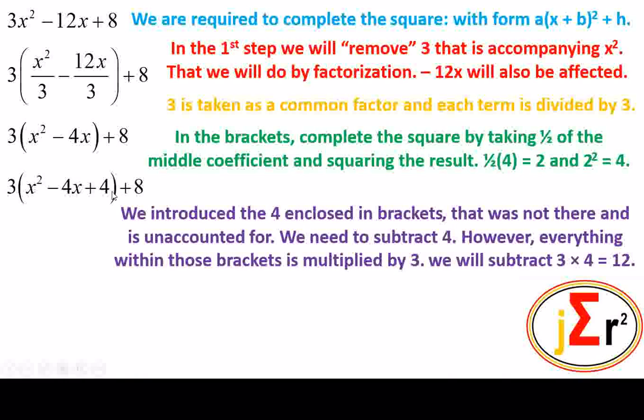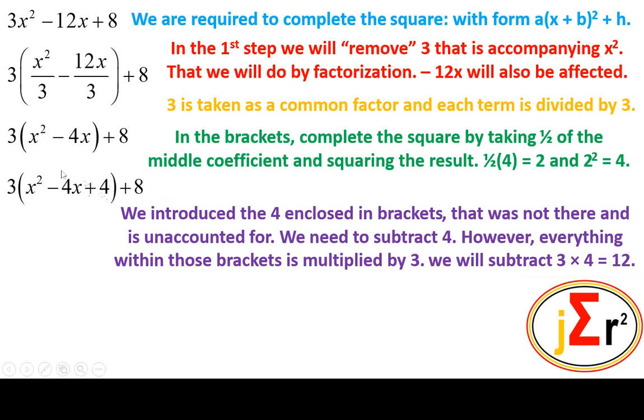Because it is unaccounted for, we have to give an account for it. Or we will have to do something that will have a cancelling effect on it. So either of those two. That 4 was not there before, therefore we intend to subtract 4. So what we should do in the long run is subtract 4 in order to compensate for this 4 that we just added.